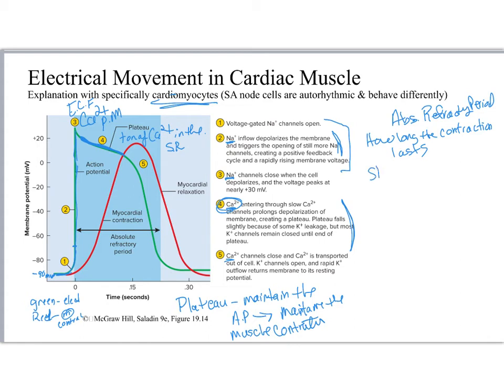I've got skeletal muscle and neurons. They do use calcium, so I don't want to confuse you, but they do not use extracellular fluid calcium. That means their contraction is a short length of time. It lasts about 2 milliseconds.